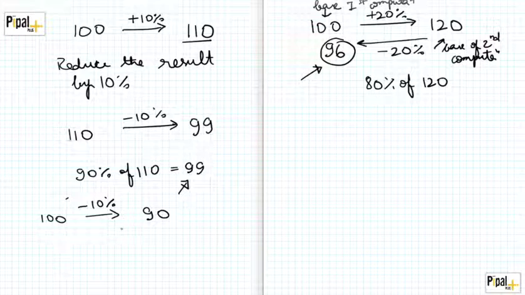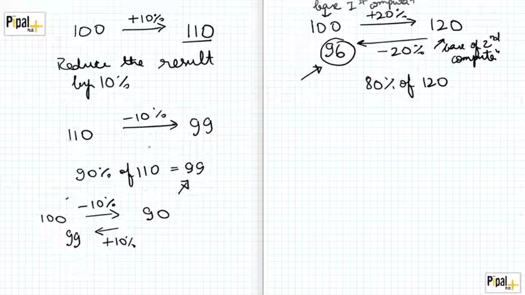Now when I increase 90 by 10%, this is a smaller base and 10% of 90 is 9, I get 99. So it's important to note that increasing something first and then reducing by the same percentage will give you the same answer as when you reduce something first and then increase.